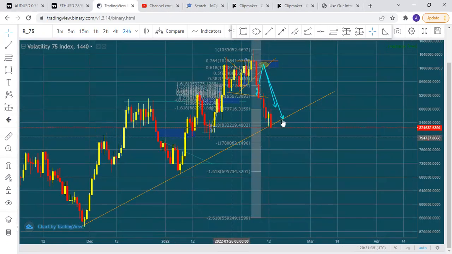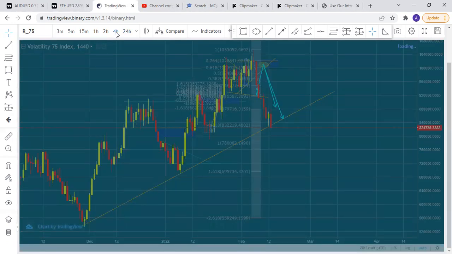All right, V75. Just what I was expecting. I expected V75 to come all the way down to this trend line, and currently I can see that it's at the trend line already.